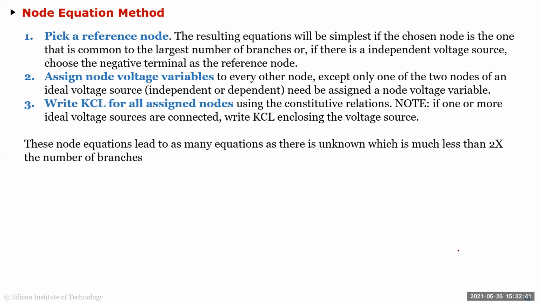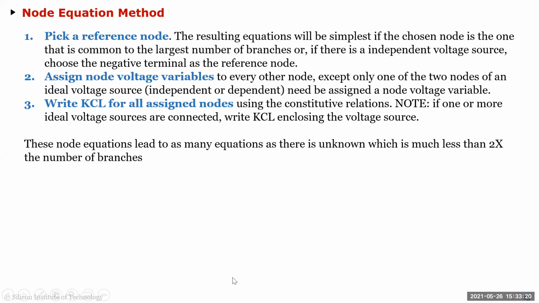So for example, if you have a passive circuit and you have a voltage supply, then you take the negative end of the voltage supply, the lower potential, as your reference node. If you do that, then all your numbers come out to be nicer. So you can logically pick any node, but picking a better node actually makes your analysis tractable.